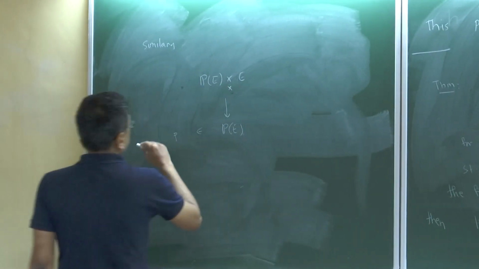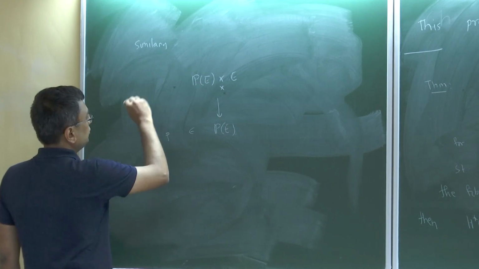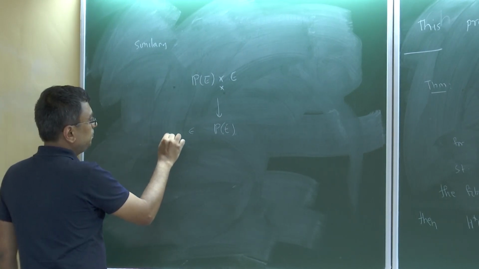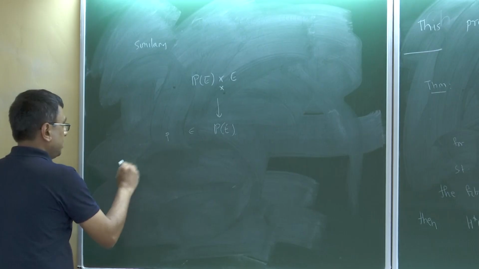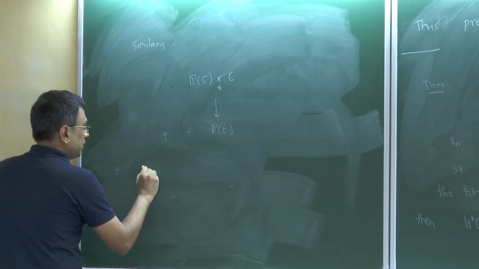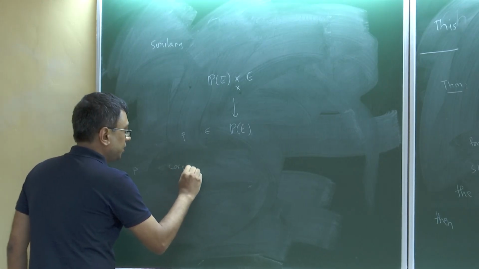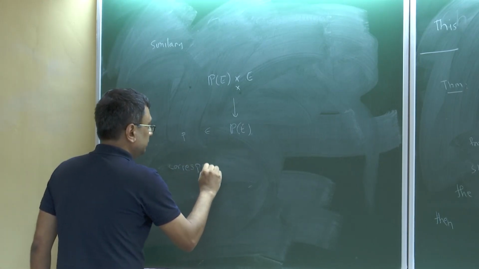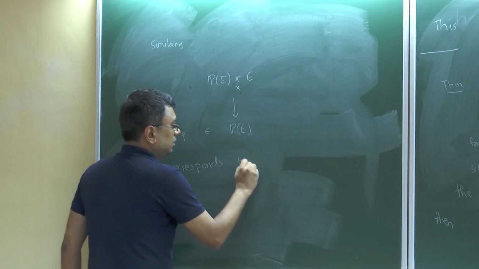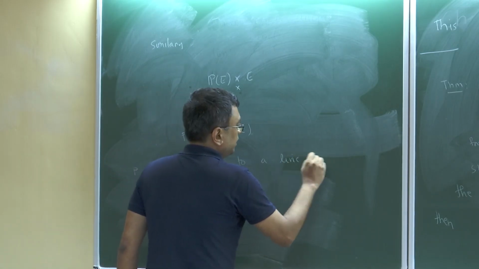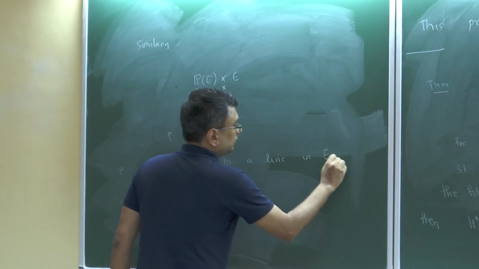So this is that subset of E_p. So p corresponds to a line in E_p, right?